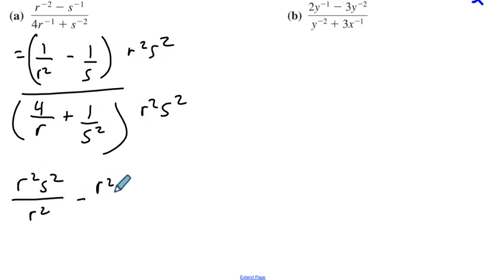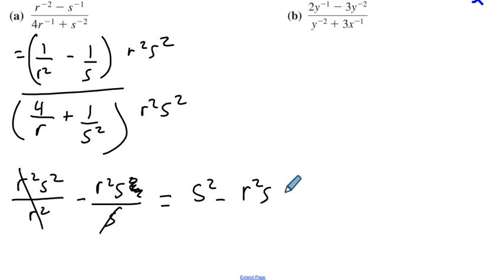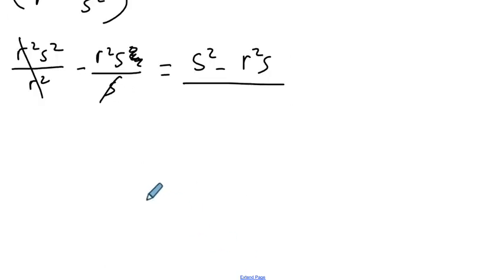That's r squared s squared all over s. Okay, and so I'm just dealing with the numerator right here. So if I simplify that now, those cancel out, and I get s squared minus, this s will cancel out with one of those s's, leaving me with just r squared s. Okay, so this is the numerator we just simplified.